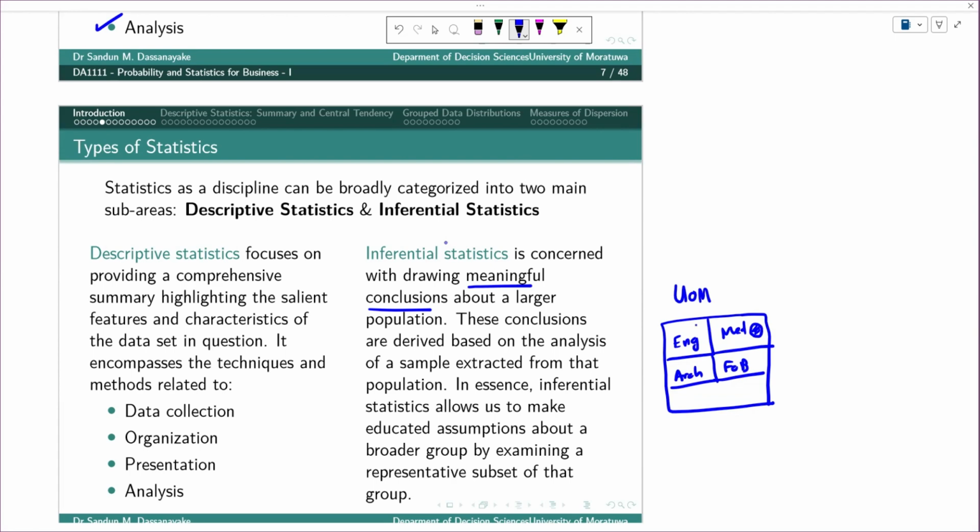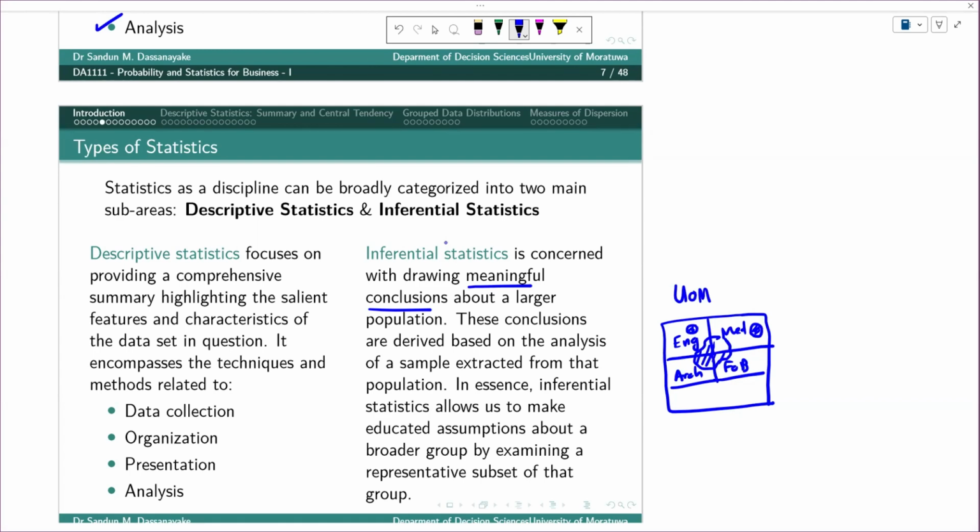Or sample only engineering students and tell this is the University of Moratuwa students' perception. You need to get rid of that idea. You have to do sampling from all the faculties. It should be a representative sample.